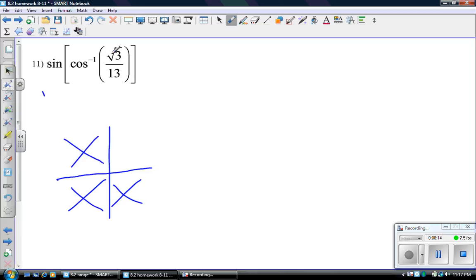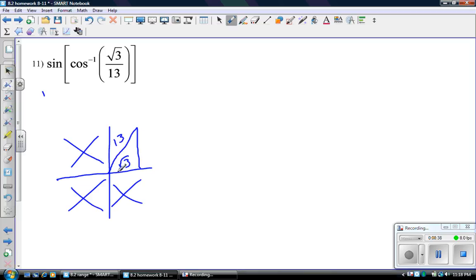I'm in the first quadrant. Again, this is one of those weird things. It's not like root 3 over 2 or something like that. But I know what this means is that there's some triangle, it doesn't really matter how you draw it, where the adjacent is root 3 and the hypotenuse is 13. So that's adjacent of root 3, hypotenuse of 13.